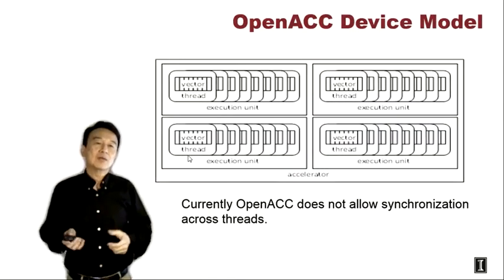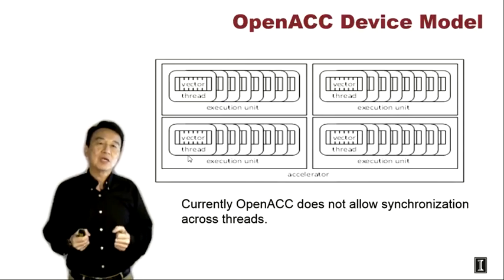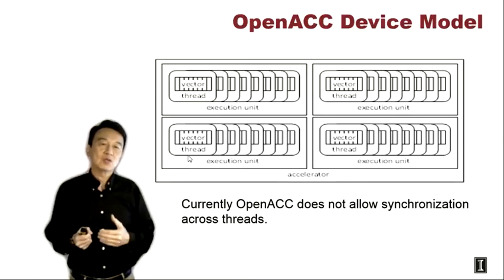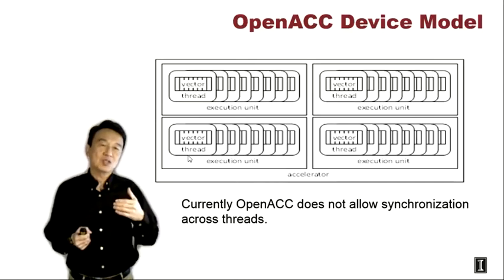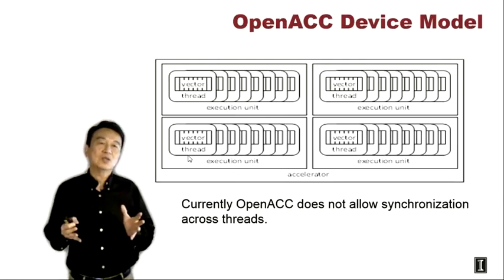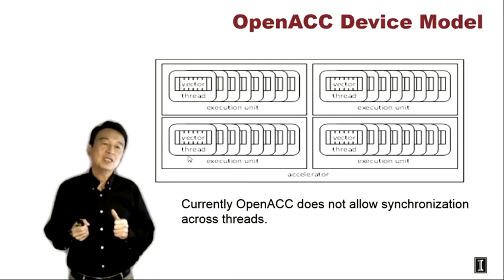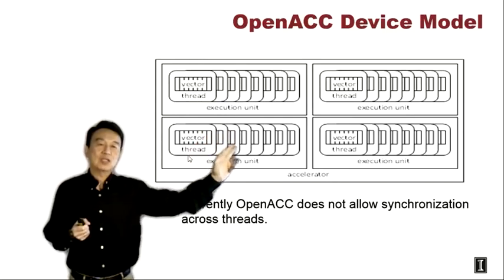So now we're ready to begin to talk about the specifics of how we can use OpenACC, and it will be useful to first understand the terminology that the OpenACC literature uses to describe the hardware. The OpenACC device is described as multiple execution units.